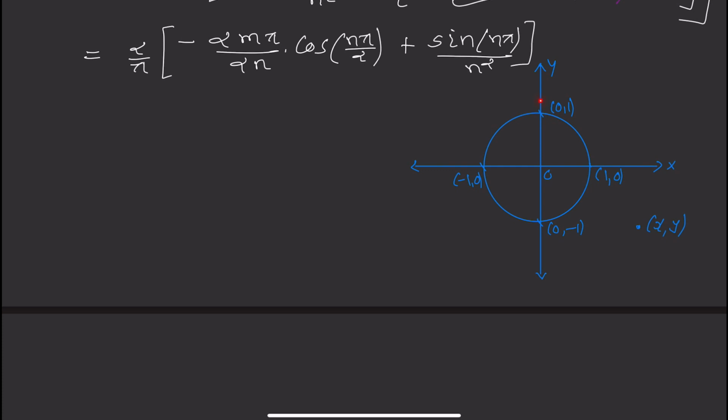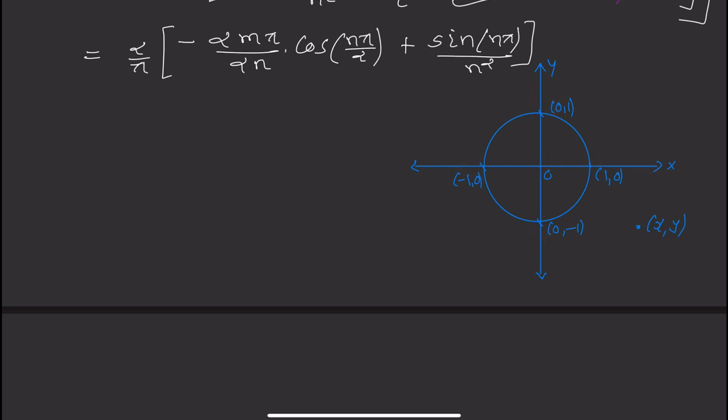Then again we have here, this is 5 pi by 2, 6 pi by 2, 7 pi by 2, 8 pi by 2, which is same as 4 pi, and likewise. Right, this is 9 pi by 2, 10 pi by 2, 11 pi by 2, and 12 pi by 2.